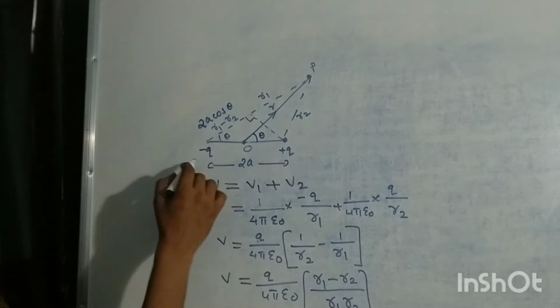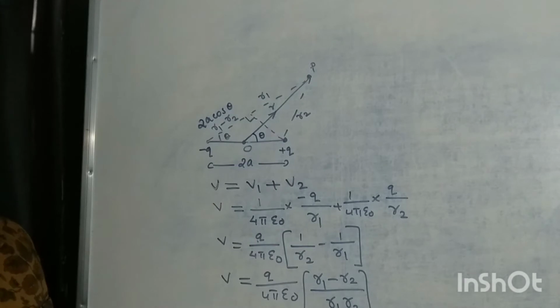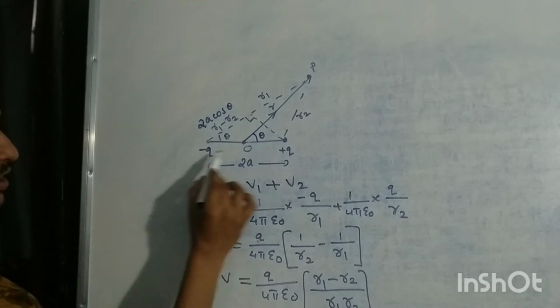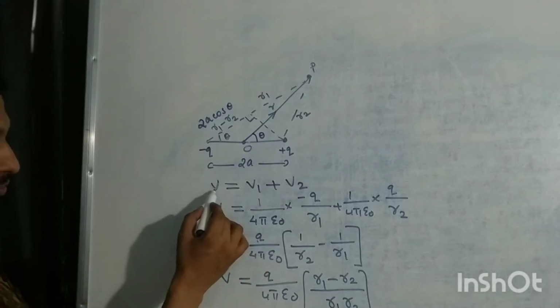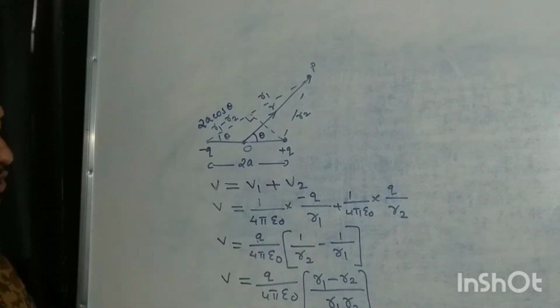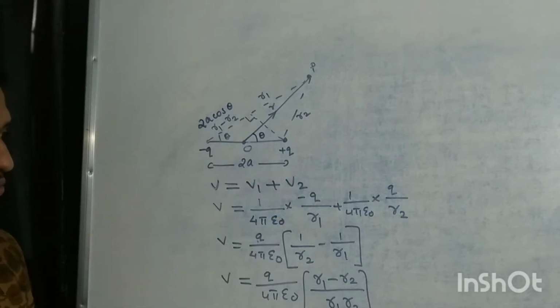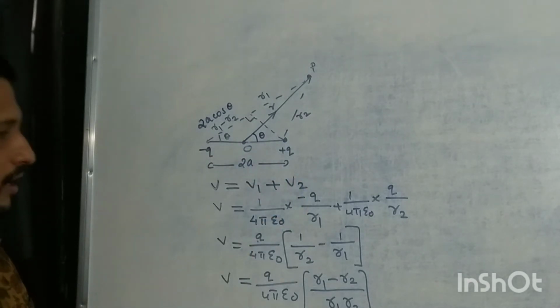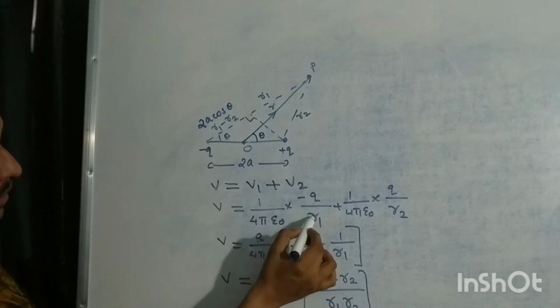Now, for deriving the expression for the total potential, we need to just add the potential due to minus q and the potential due to plus q. So V is equal to V1 plus V2. V1 is the potential due to the minus charge and V2 is the potential due to the plus charge. V1 is 1 by 4 pi epsilon 0 into minus q by r1.